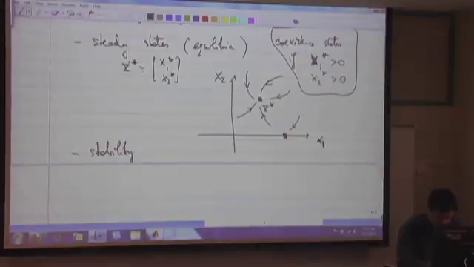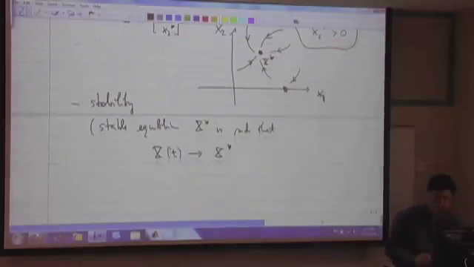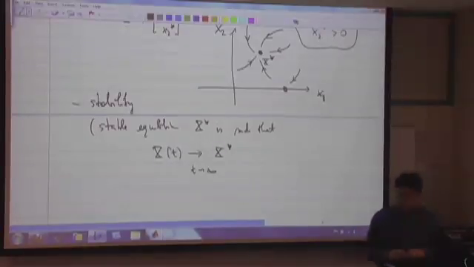So a stable equilibrium is such that initial conditions that are close to that equilibrium approach that equilibrium. The solution starting at those initial conditions approaches it.